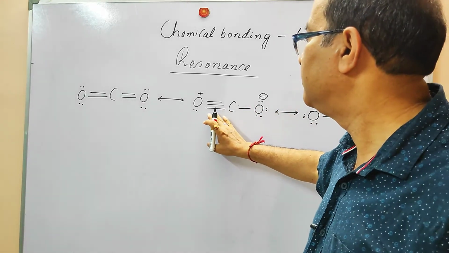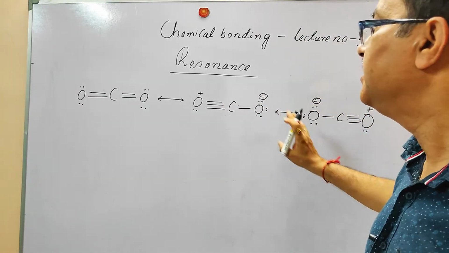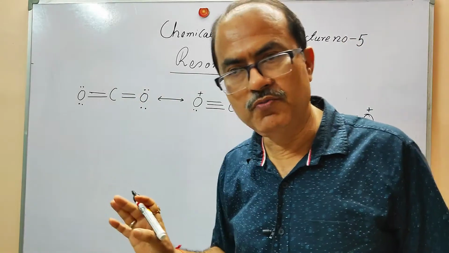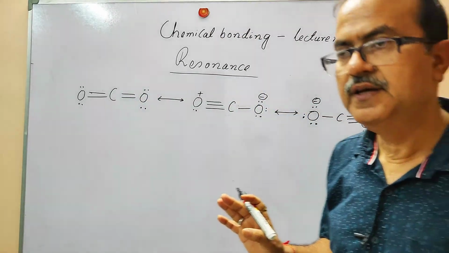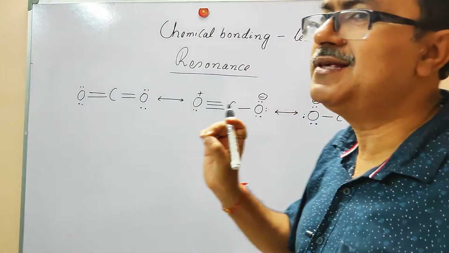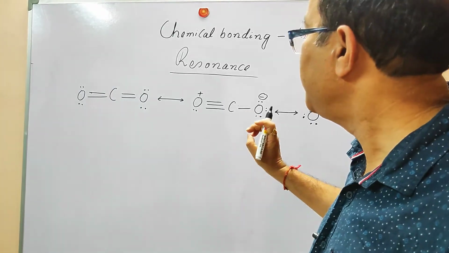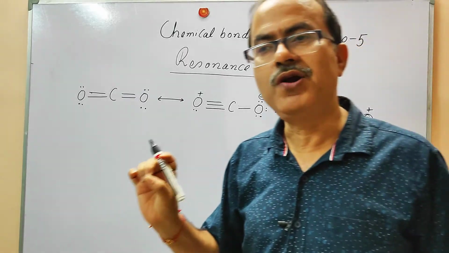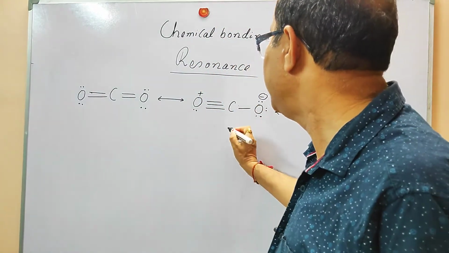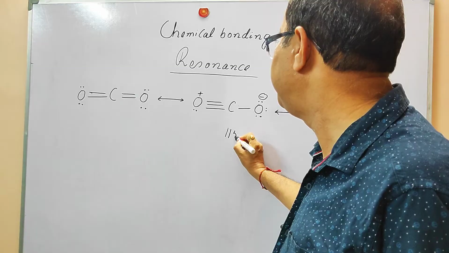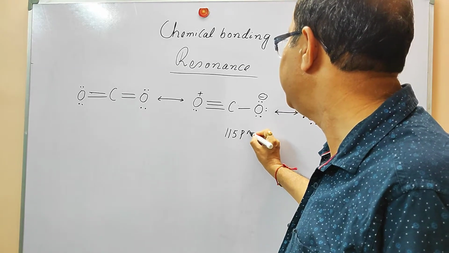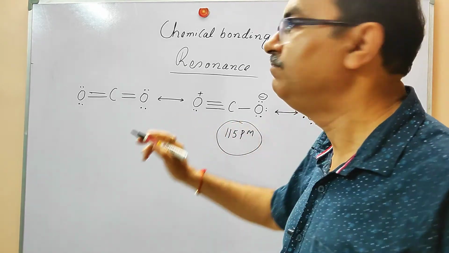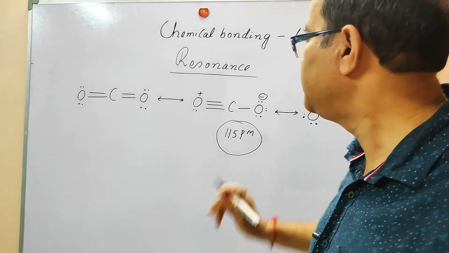It will be a triple bond, or it may be a single bond, or it may be a double bond. Means the bond length is unequal. But when we observe, we will actually find the bond length is 115 pm, and it is the same.